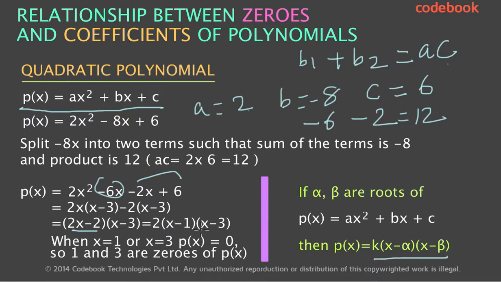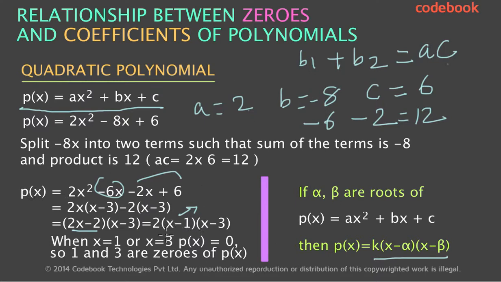When you factorize a polynomial, basically what you are saying is those factors when equated to 0 will give you the roots of that polynomial. Here x minus 1 is a factor of p of x. If you equate that to 0, x equal to 1, right? So when you substitute x is 1 here, this term becomes 0 and the product of any term which has 0 is 0, which means p of x is 0 and the value of x when p of x is 0 is the root of that polynomial, right?